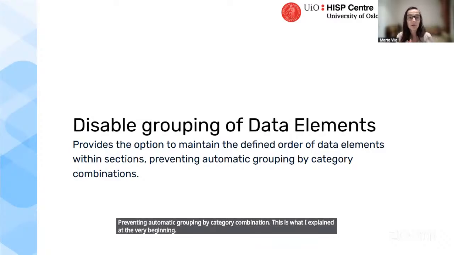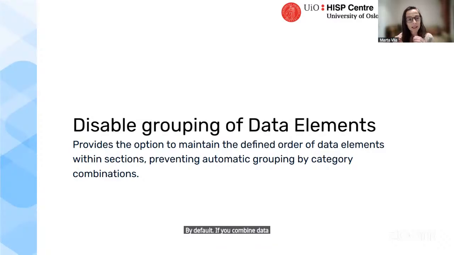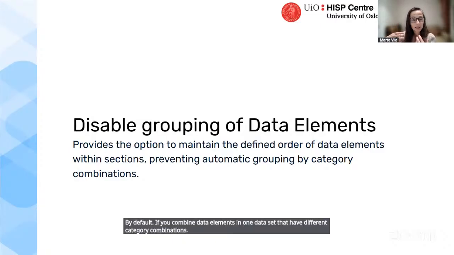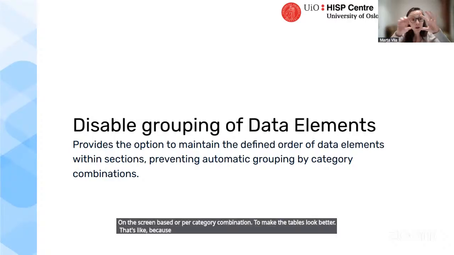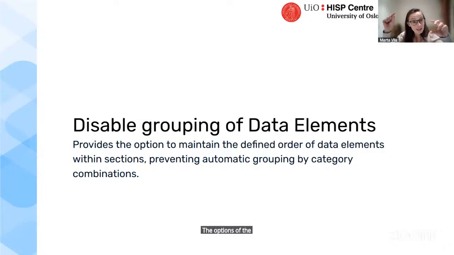By default, if you combine data elements in one data set that have different category combinations, the DHIS2 data entry apps, both Android and web, will group them on the screen per category combination to make the tables look better, because they will have the same number of columns, depending on the options of the category combination, same header.